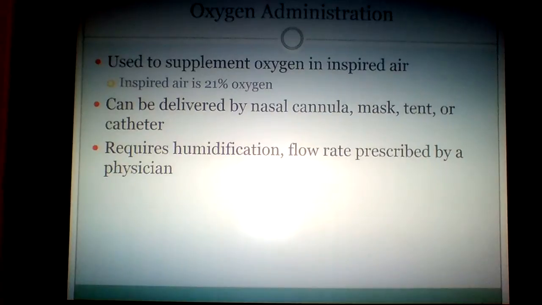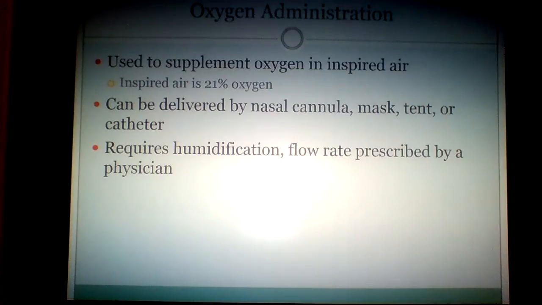Like I said, I am going to send you guys some handouts along with this. So this is just an FYI. Room air is 21% oxygen. You add 1 liter of oxygen, they're getting about 24%. 2 liters, 28%. 3 liters, 32%. 4 liters, right about 36%. 5 liters, 40%. 6 liters, about 44%.